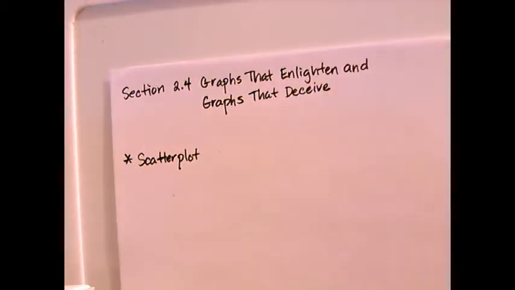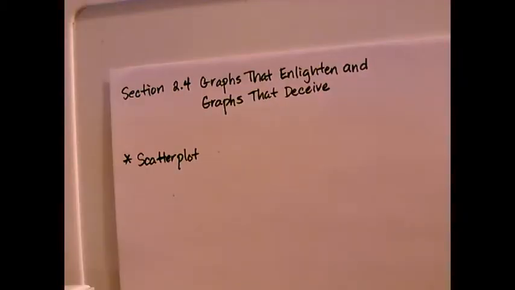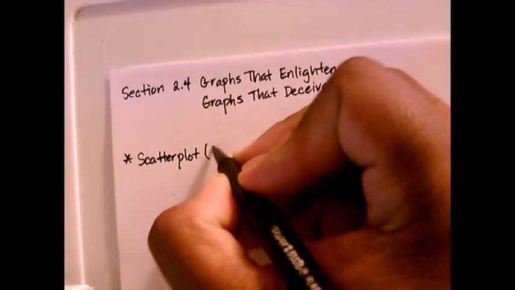Now, I'll just briefly discuss this because later on in this course, we are going to be talking about how to graph a scatter plot. Now, a scatter plot is another way of saying a scatter diagram.